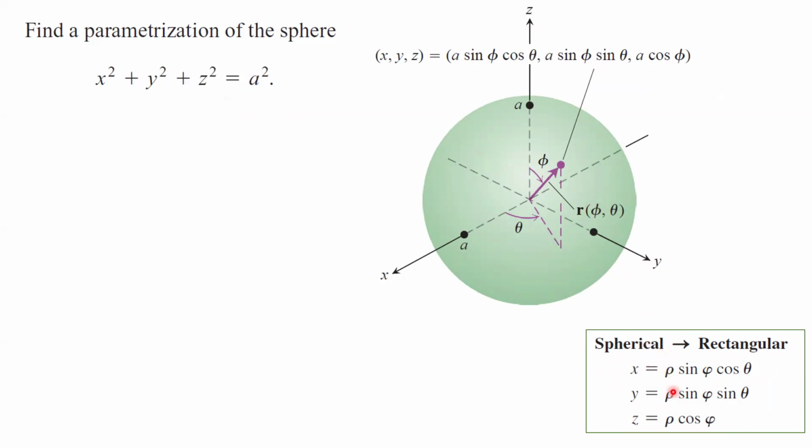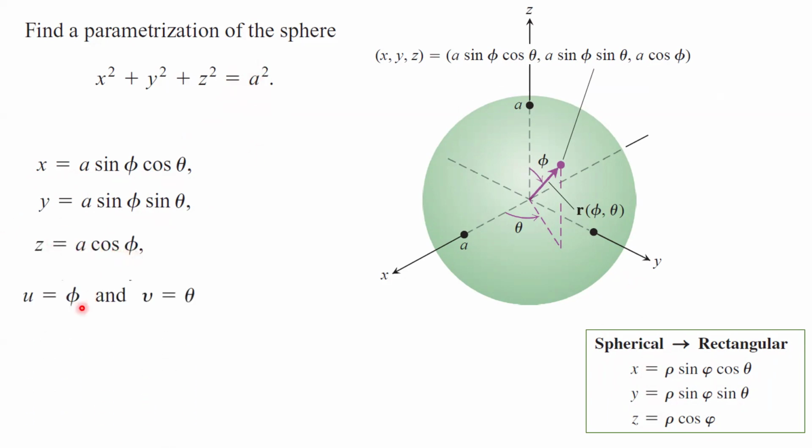These are the parametrizations that we're going to use for a sphere. So take x to be a sine phi cosine theta, y is a sine phi sine theta. Please note that instead of rho, we're using a fixed value a, and z is equal to a cosine phi. With this definition, you define two parameters. The very first parameter, which is phi, let us call it u, and the second parameter, which is theta, let us call it v.